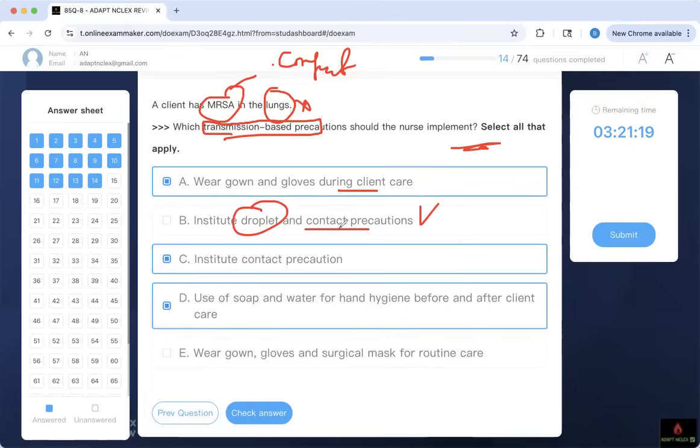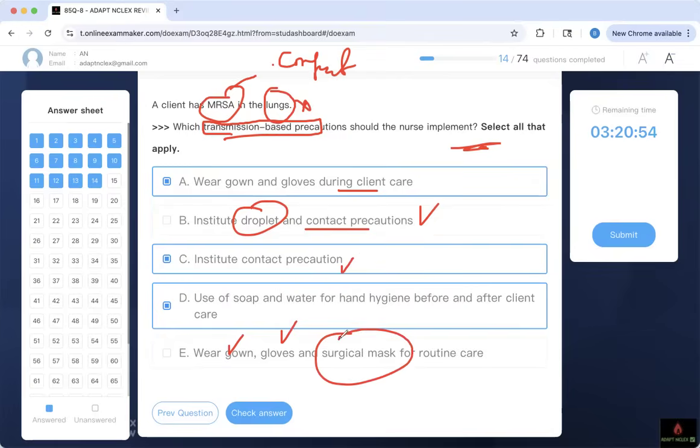So this is partially right. So wrong answer. You institute contact precaution because it's what? MRSA. What do you do for MRSA? You've got to wash your hands, not hand sanitizer. You wear gown, you wear gloves, but you don't wear a surgical mask.